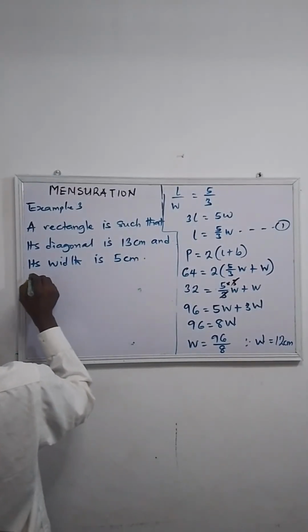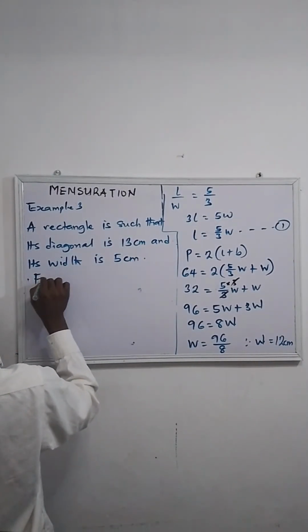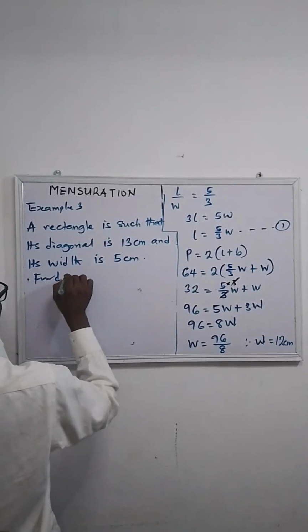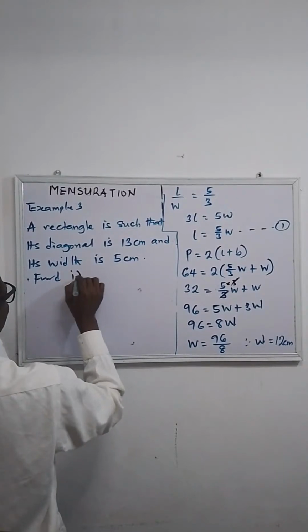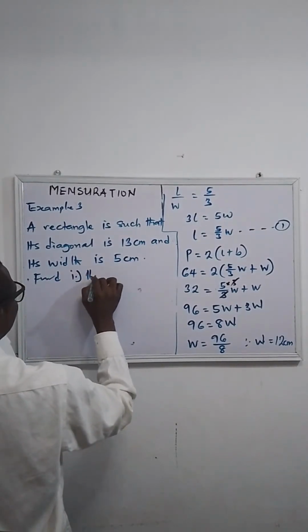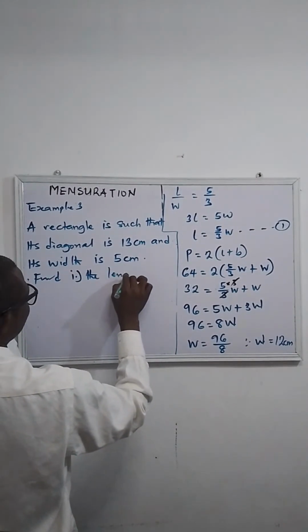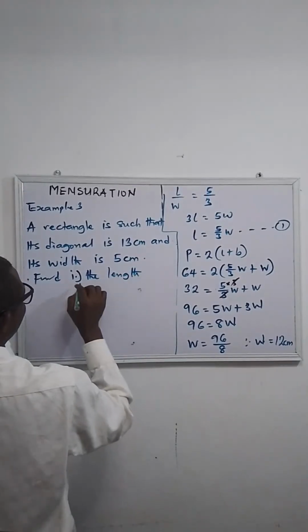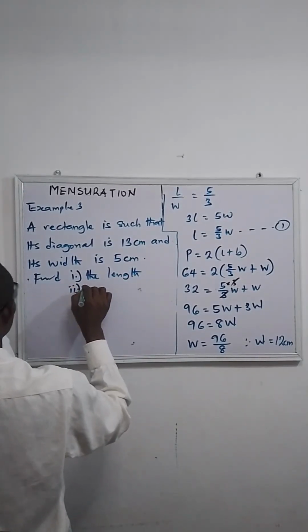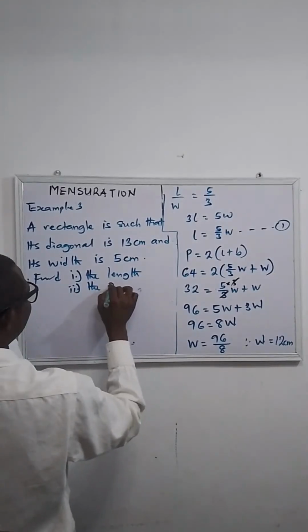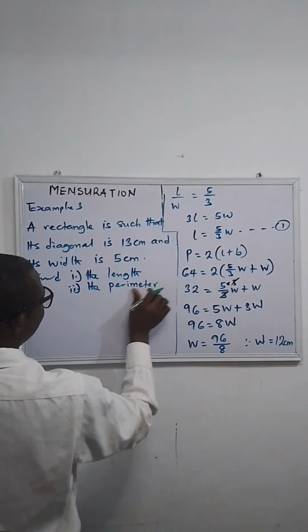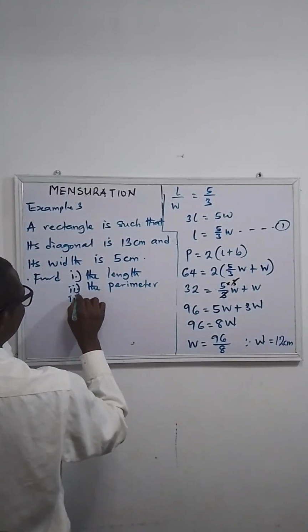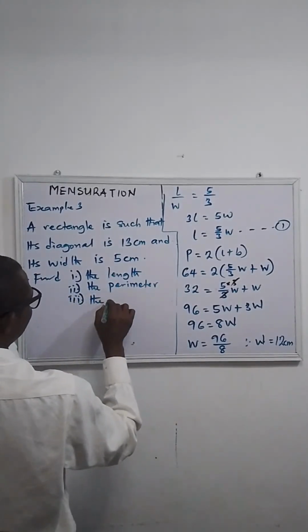And the question is, find: Roman numeral 1, the length; 2, the perimeter; and the last one, the area.